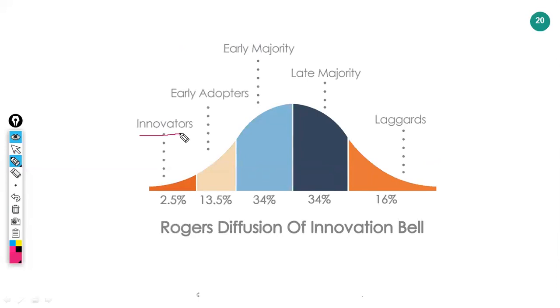During 2005-2006, every smartphone had buttons. They were the first to remove the buttons and move completely to touch-based screens. So they are the innovators who come up with a new, evolving concept, and that percentage is 2.5%.